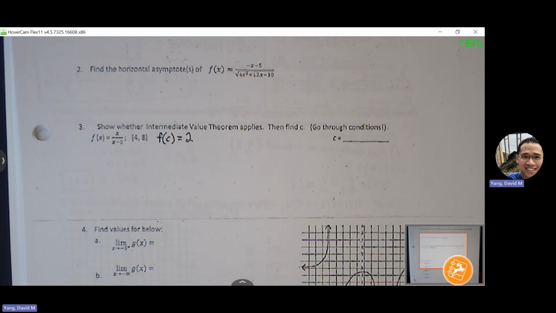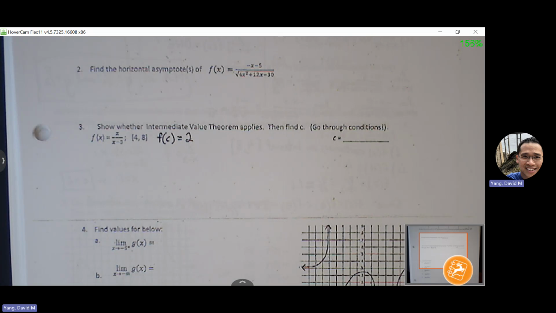That way, if the function is continuous, and if I'm starting at a value above 2 and below 2, and there's no breaks in the graph, it has no choice but to eventually cross through a y value of 2 at least once, and that will be your reasoning to determine if IVT applies, or if we can guarantee that f of c equals 2.